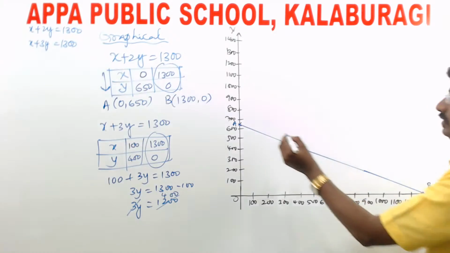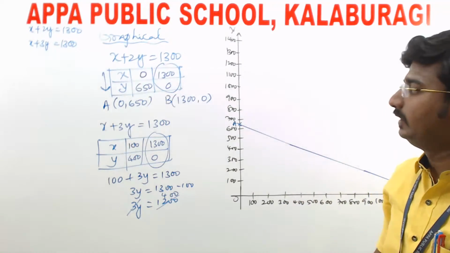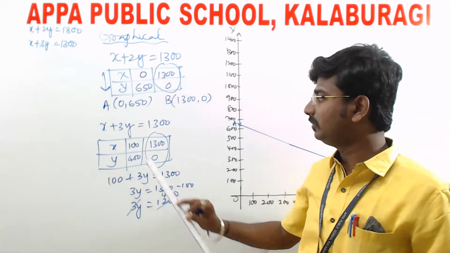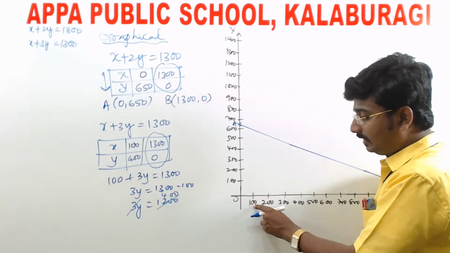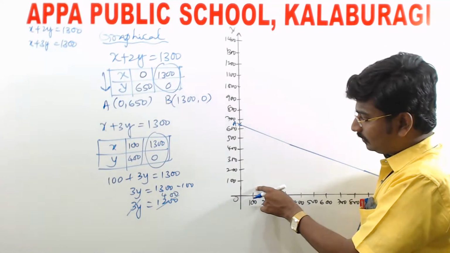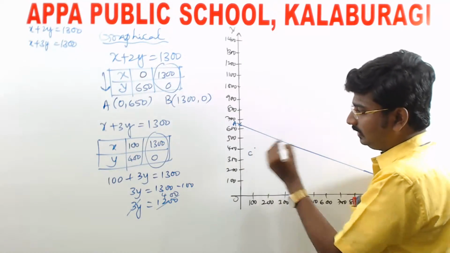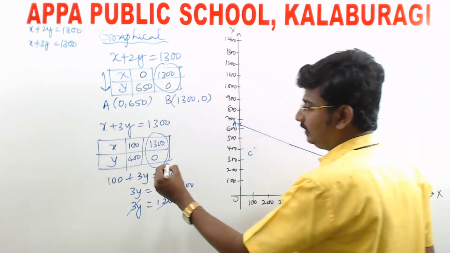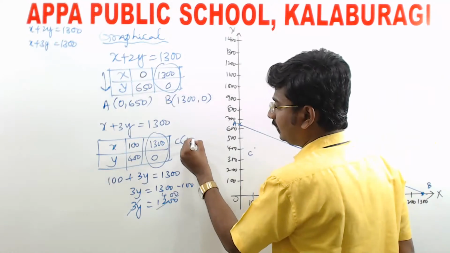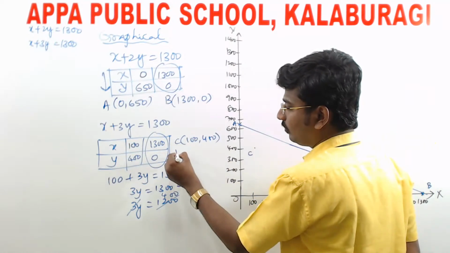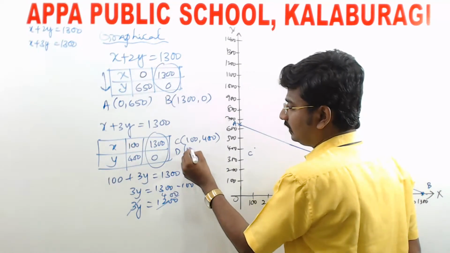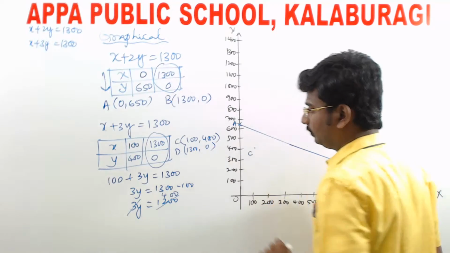Okay, this is the first line. Next is (100, 400). 100 is here. From this, you move towards the y-axis. This is point C, (100, 400), and point D is (1300, 0).